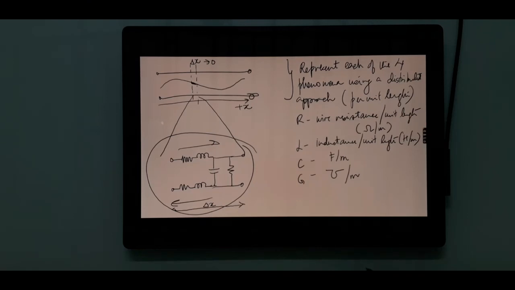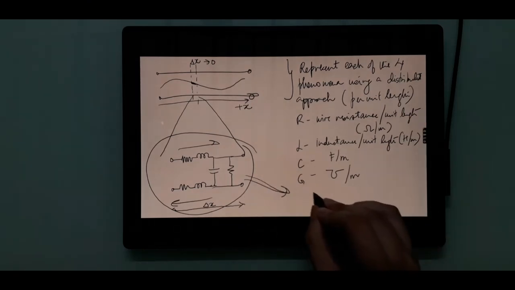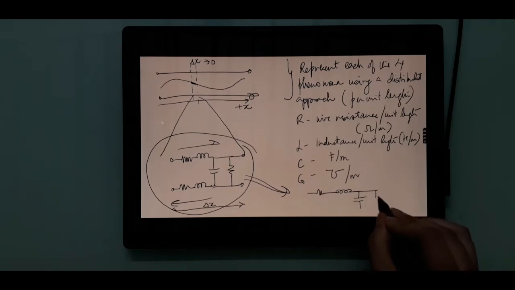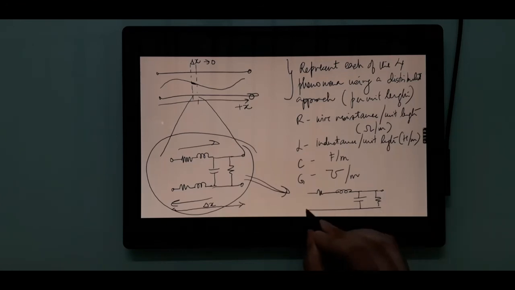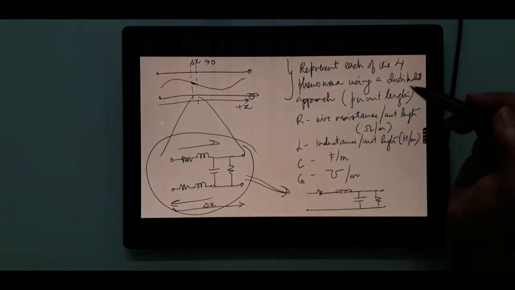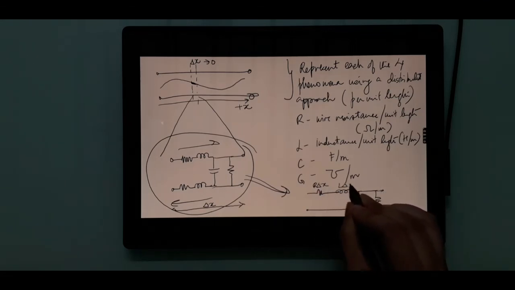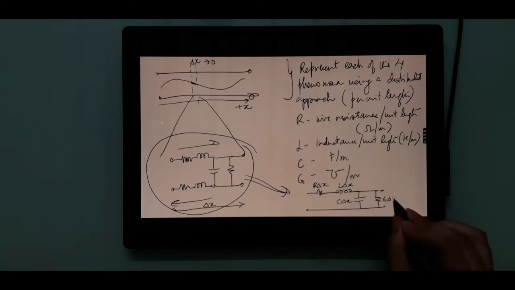Which will essentially make it like this. Since we have defined RLGC as per unit length quantities, this resistance will be R delta x, this will be L delta x, this will be C delta x, and this will be G delta x.